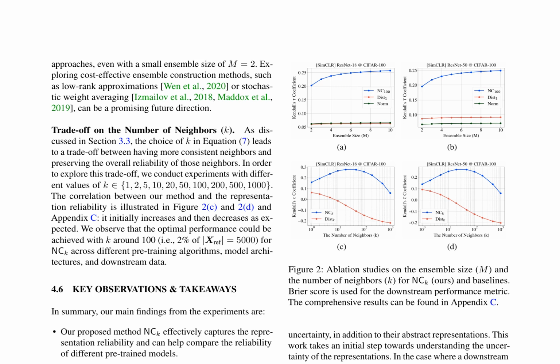The proposed method, Neighborhood Consistency, NCK, effectively captures representation reliability and exhibits a positive correlation with it across different settings. NCK outperforms baseline methods in terms of correlation with representation reliability and downstream performance.